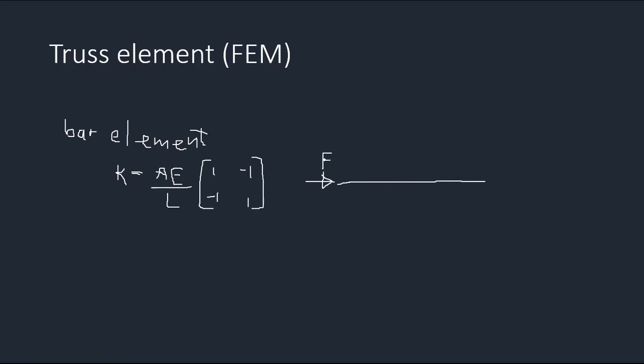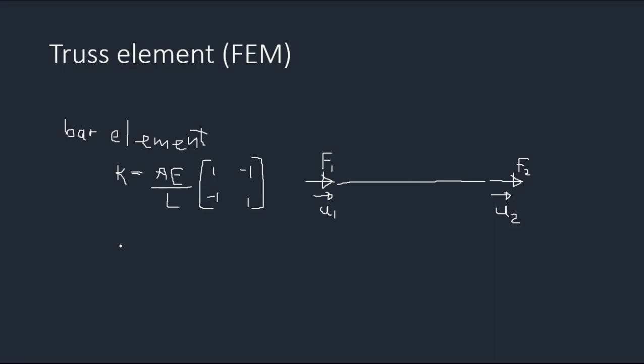And we define, if your bar is like this, let's say this is F1, and the displacement that corresponds to that is U1. This is F2, and the corresponding displacement is U2, right?